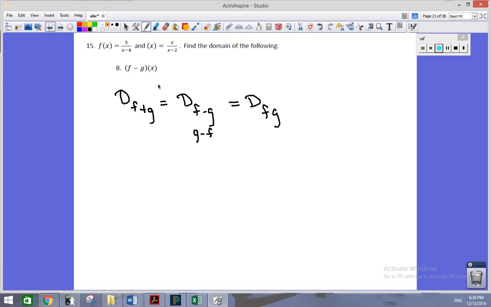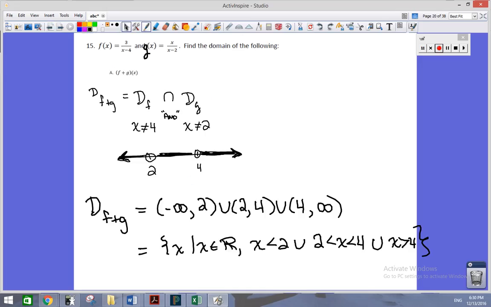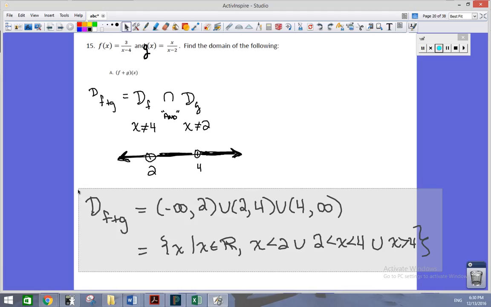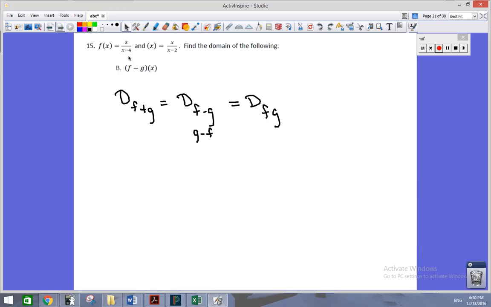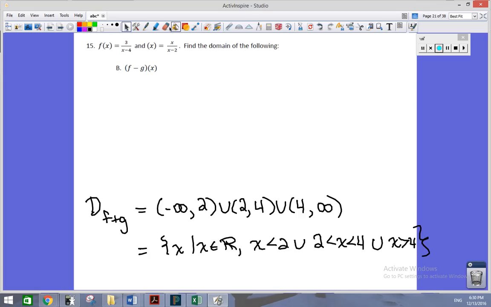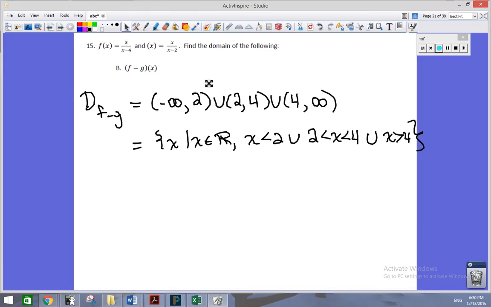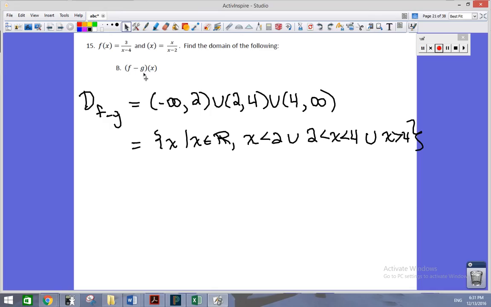So all I have to do is steal my answer from part A, that all real numbers except positive 2 and positive 4, and that is my answer for part B. So let's change the addition symbol down here to subtraction so that everybody knows that we're claiming it's the same answer. So there we go. You just intersect the domain of f with the domain of g.